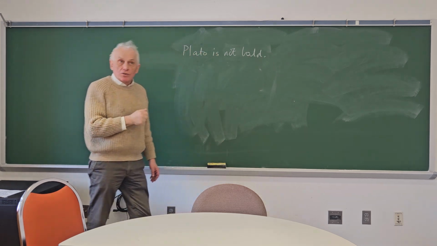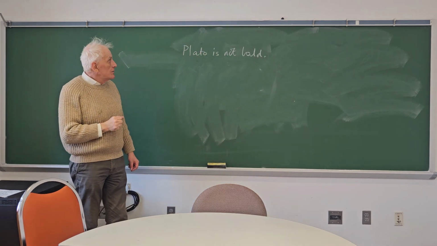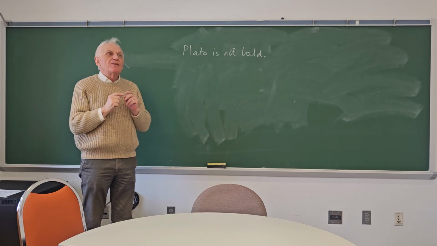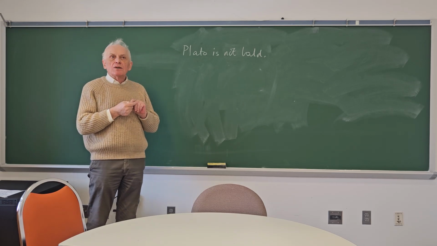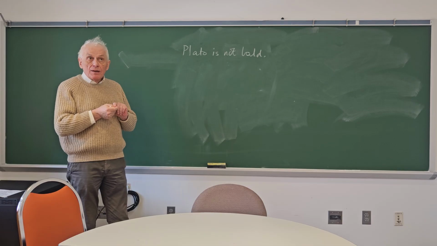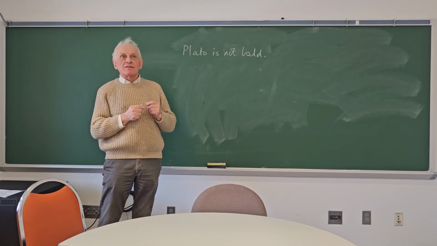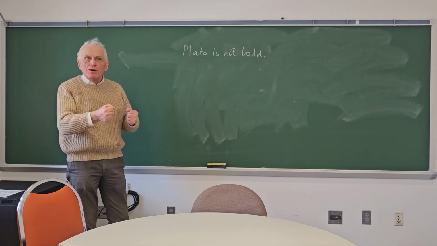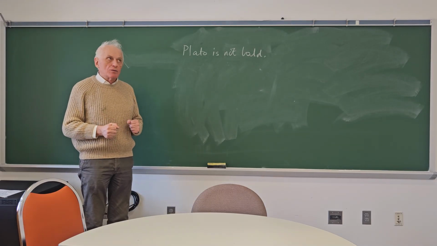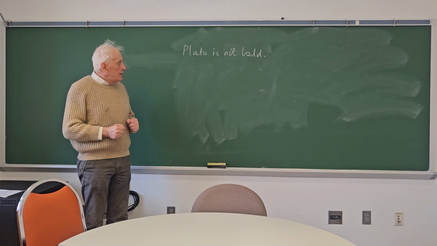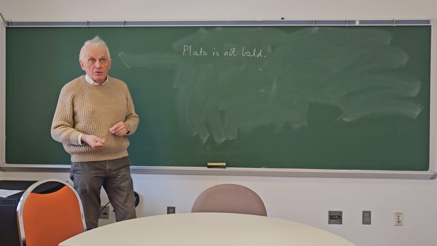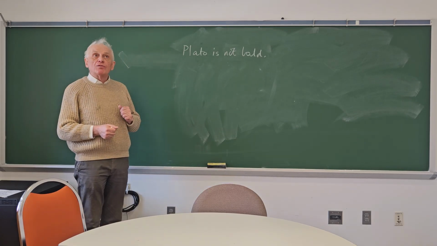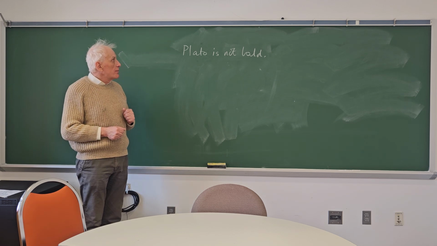And this is not an atomic sentence, because it contains within it, if you like, the sentence Plato is bald, but instead of asserting that sentence, saying, yes, Plato is bald, it says, no, Plato is not bald. So this is not an atomic sentence, but a negation. It's a negation of an atomic sentence.